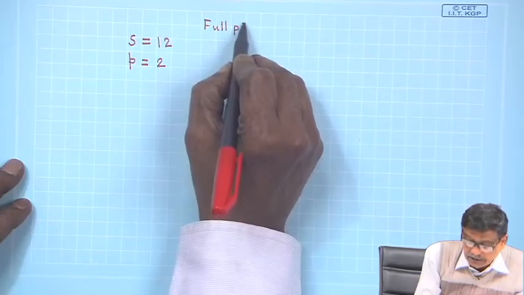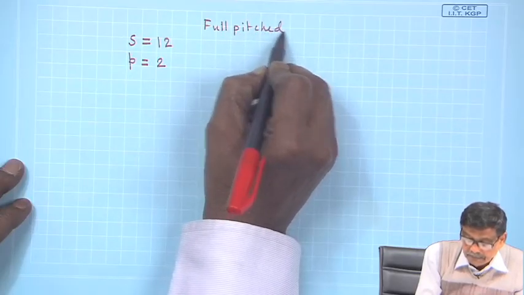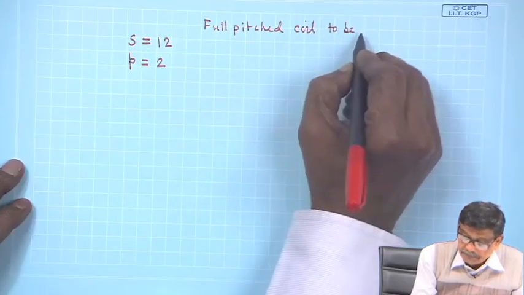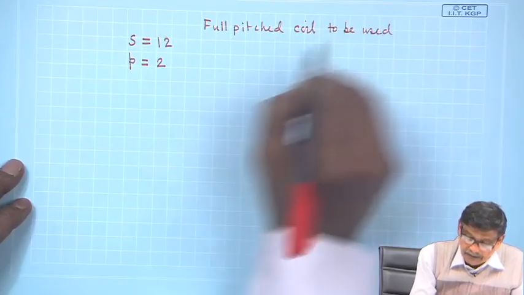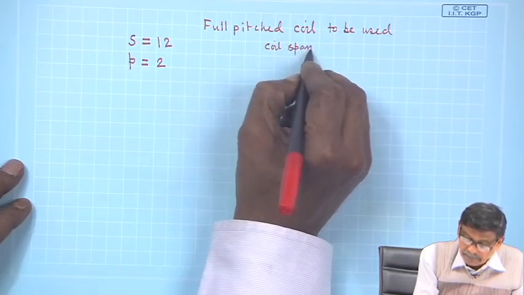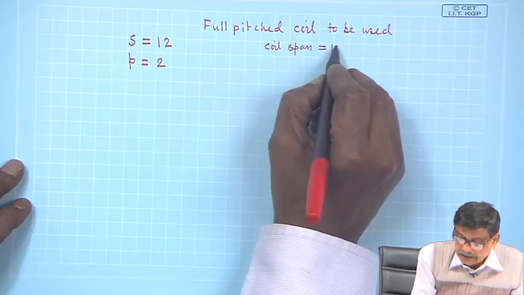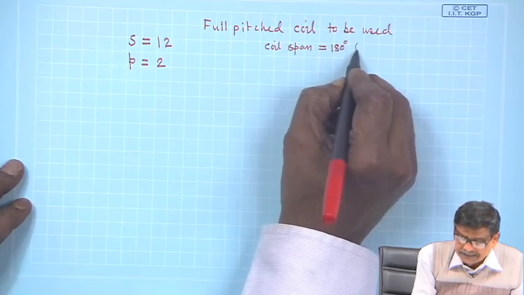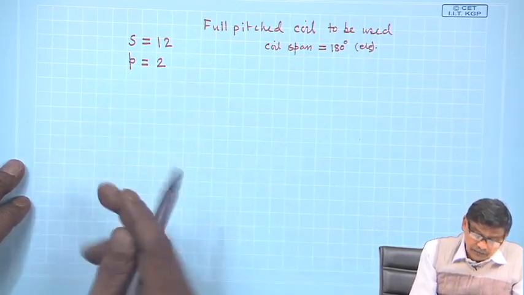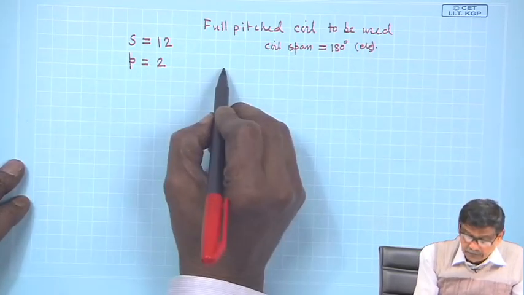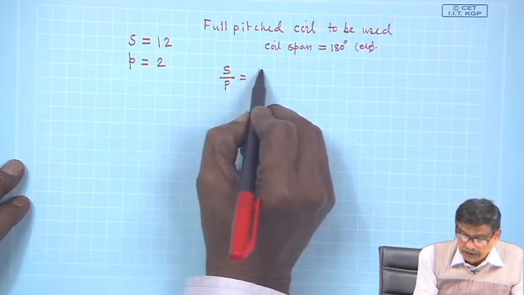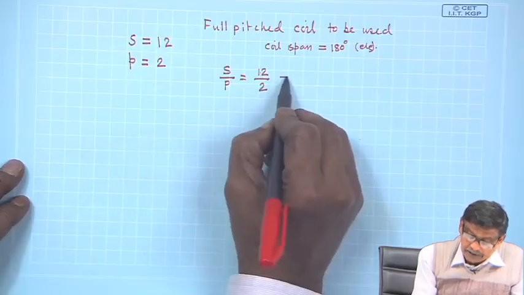Full pitched coil to be used, which means that coil span is equal to 180 degree electrical, obviously. So, how to calculate this angle? Calculate slots per pole, which is 12 by 2, and you get a number 6.